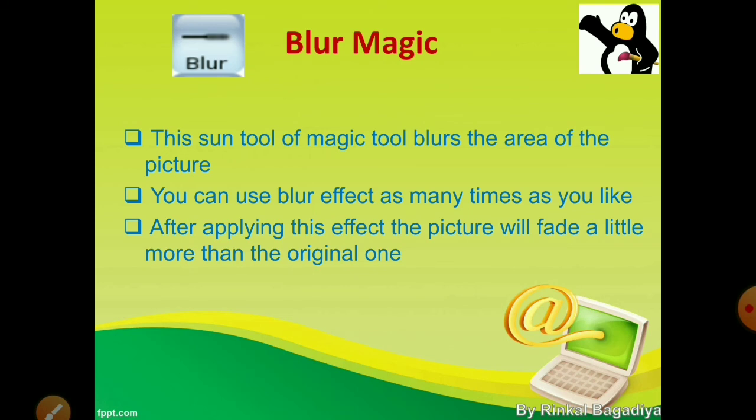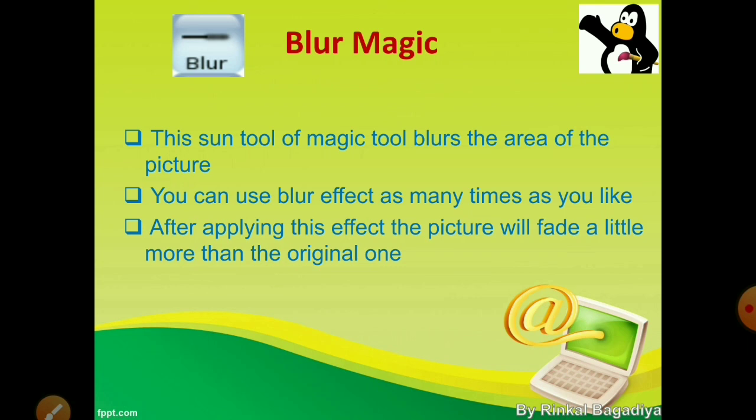You can use the blur effect as many times as you like. After applying the blur effect, the picture will fade a little more than the original one. It gives us a blur effect on the picture. So after applying this effect, we can make the picture look like it is far away from us.